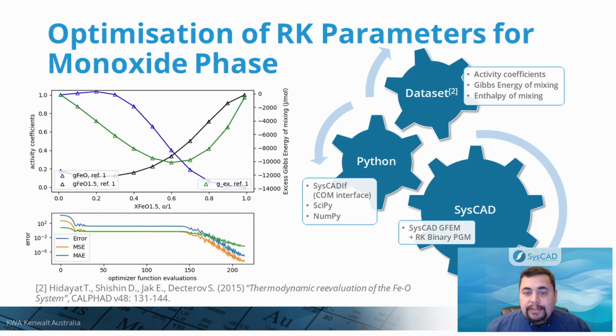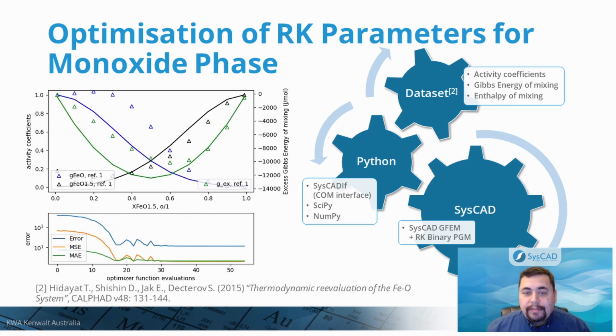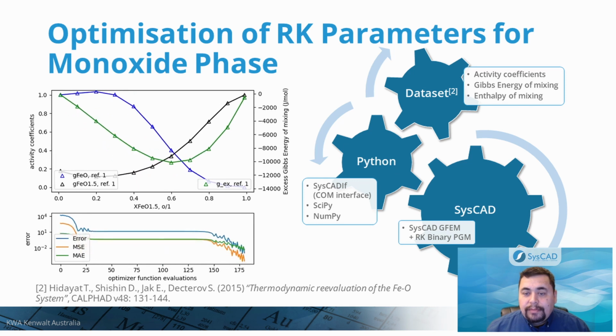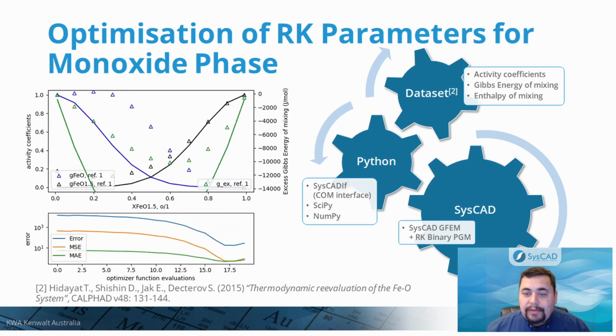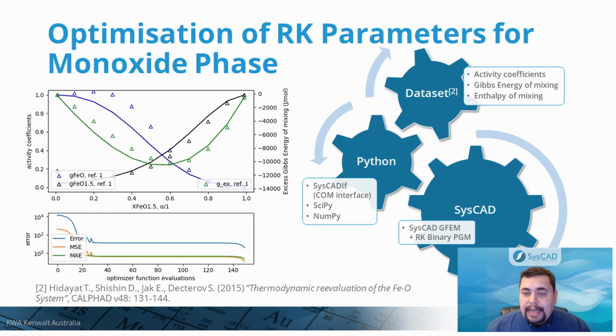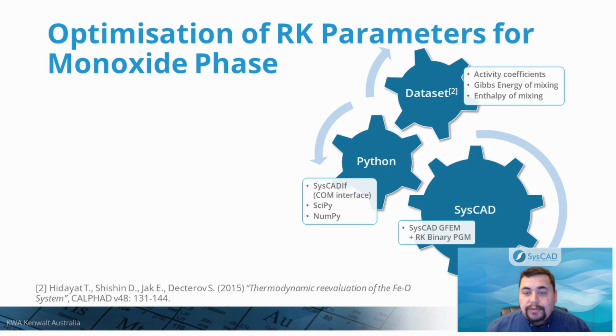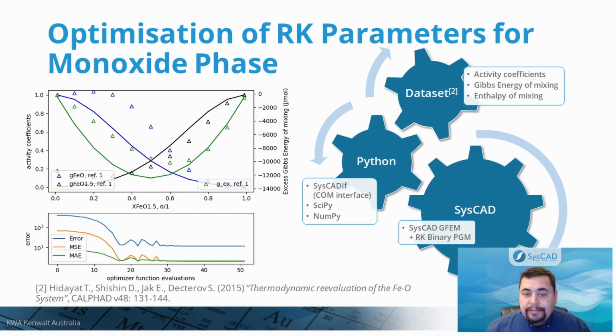At each iteration, a global error function can then be calculated. Then the optimizer function from SciPy, for example, one library available for Python, will adjust the SysCAD tags corresponding to the first and second order solution parameters, trying to minimize the global error.